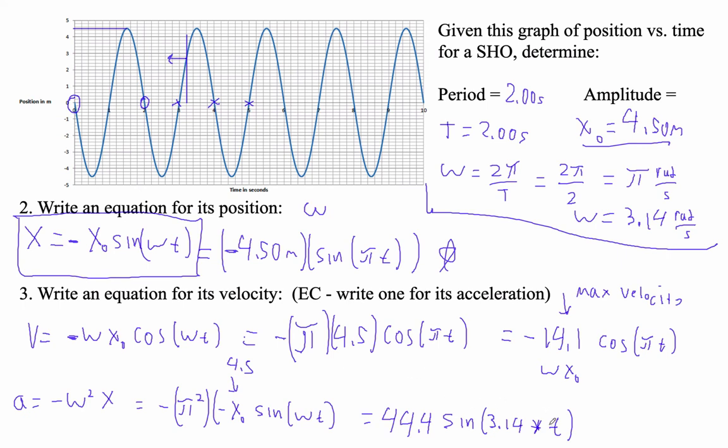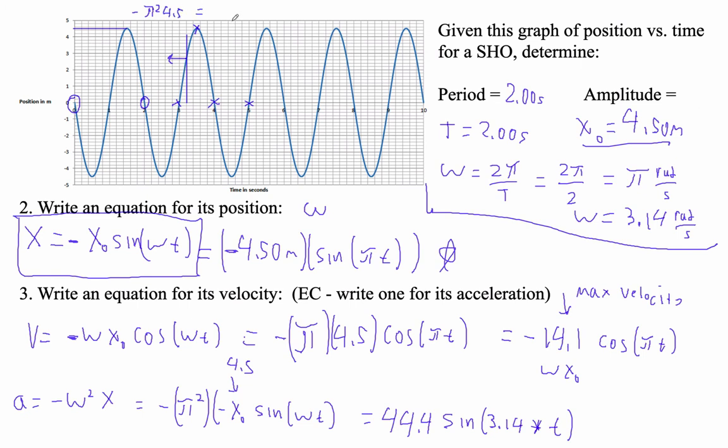Now we could check that, right? We should get at 4.5, right? At 3.5 seconds, I should get that the acceleration is, let's see, our x is 4.5, so it should be the opposite of pi squared times 4.5.